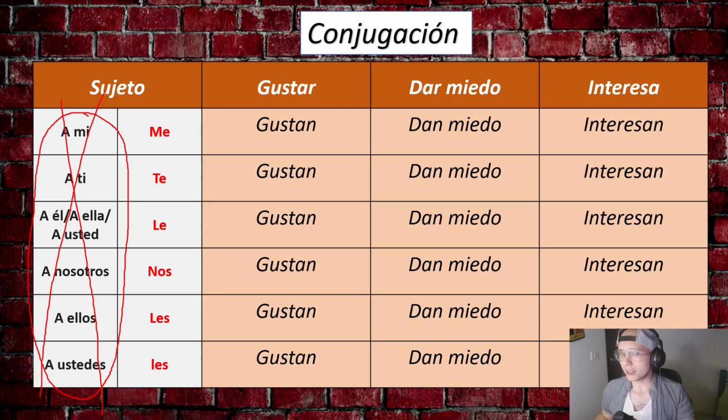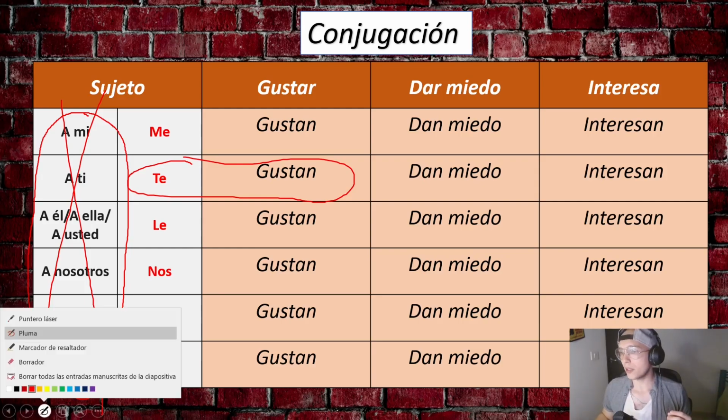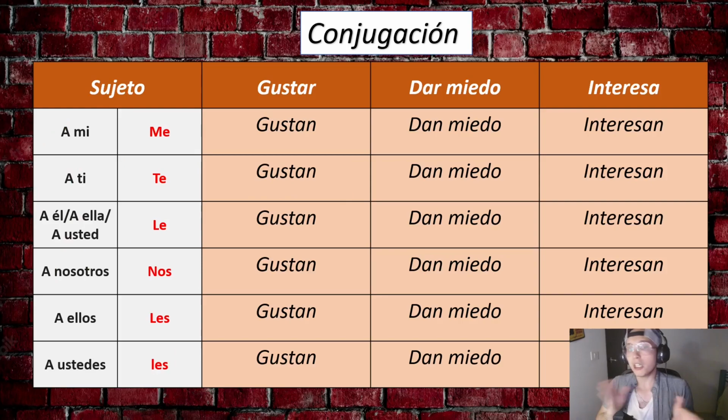You can say a mí me gusta, but it's not necessary. You can simply say me gusta el soccer, me gusta el béisbol, me gusta el español. Or when you ask someone, we can simply ask, ¿te gusta Netflix? ¿Te gusta HBO? So it's very simple. We can omit it or include it. That will be up to the speaker, okay?